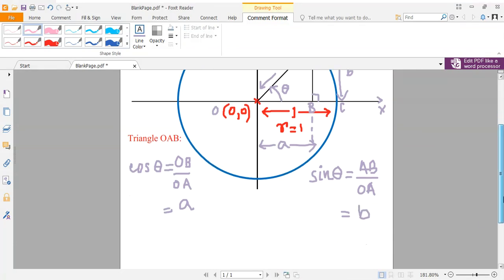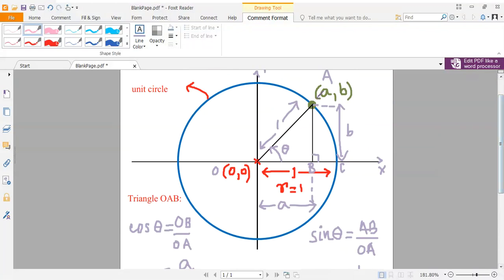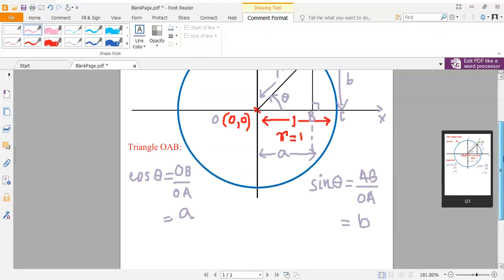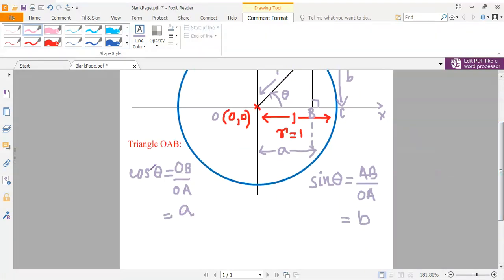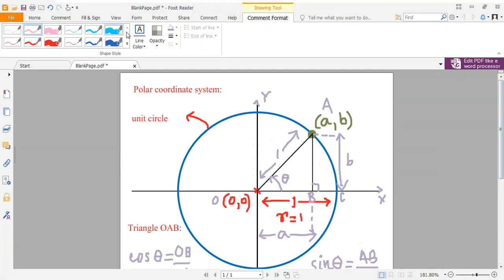Now, if you look closely, the normal coordinate system, the location gave me A comma B. I have represented A in terms of cos theta and B in terms of sine theta. So, can I not represent this system if I turn back to the color that I was using initially?